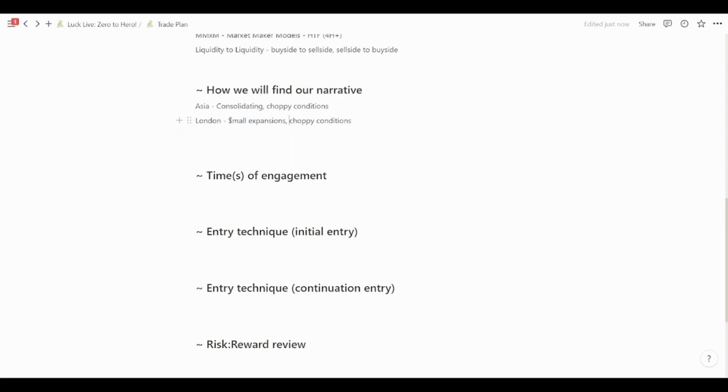But a smaller expansion, I'm going to be looking for a retracement, maybe an OTE entry in the higher time frame on London, into London's dealing range, right? So this is ideally what happens in the New York session, right? This is how we're going to define our narrative, either from a retracement or having the manipulation happen here.